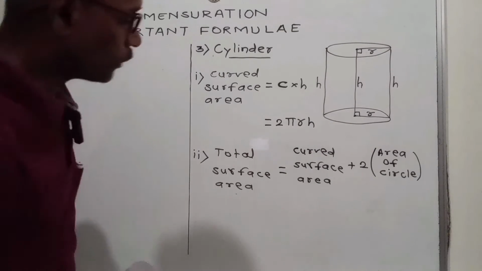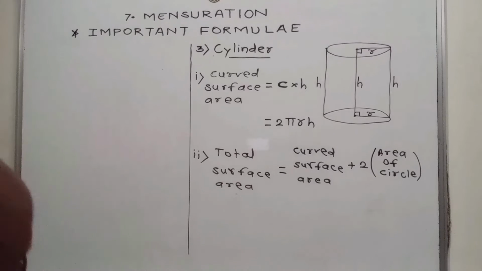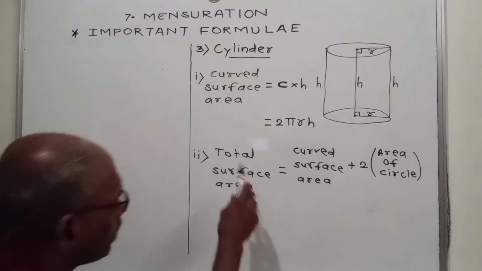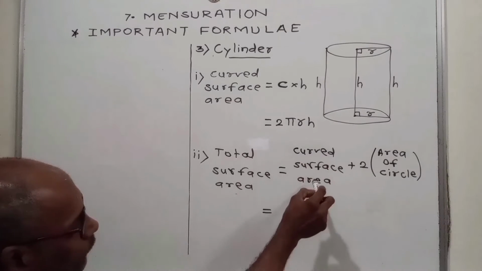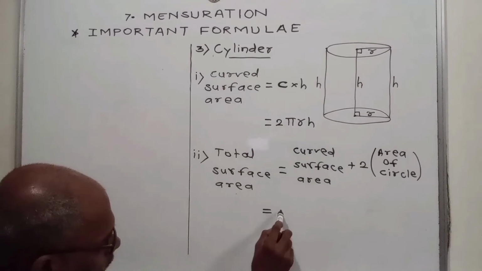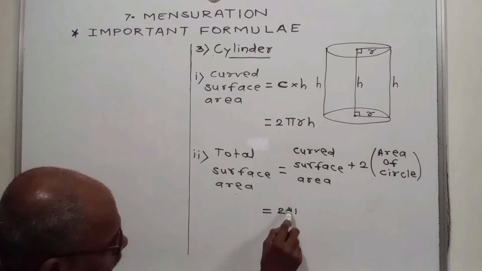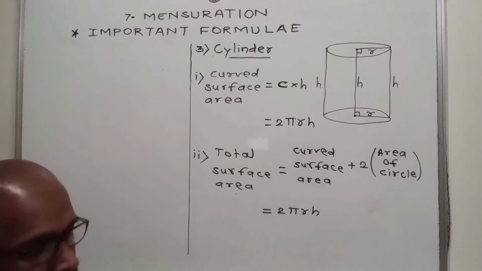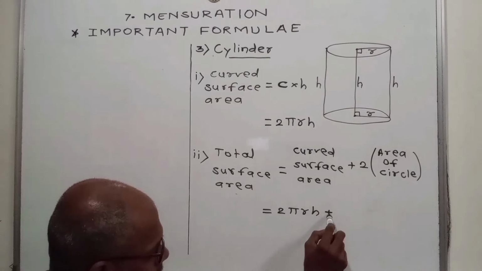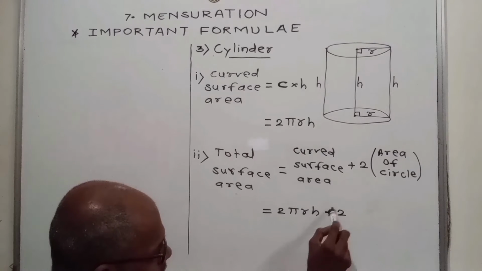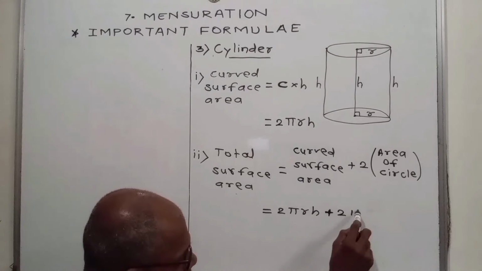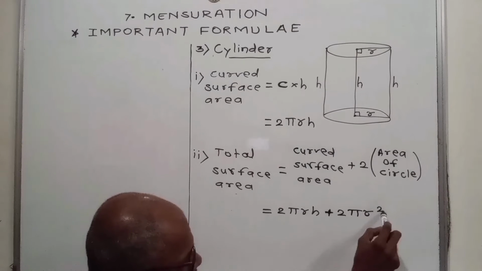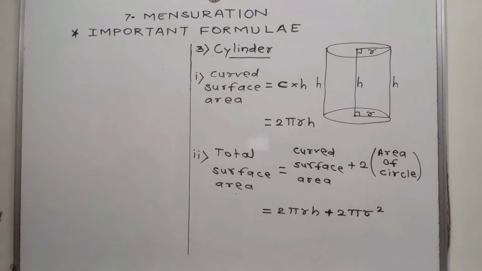Did you get it? Now we know that total surface area is equal to curved surface area of cylinder 2 pi r h plus 2 circles, so 2 into pi r square.